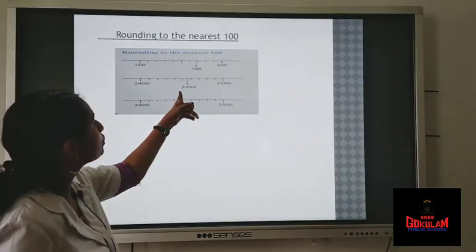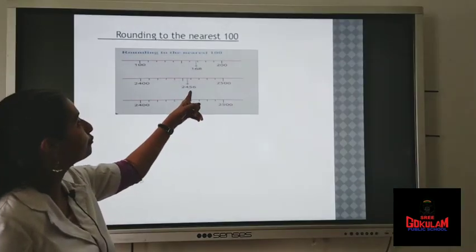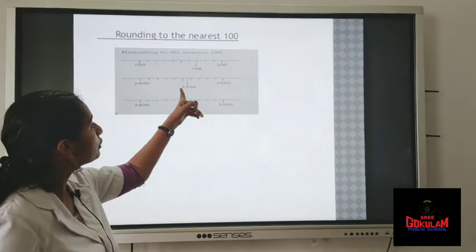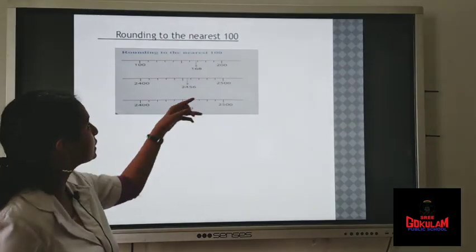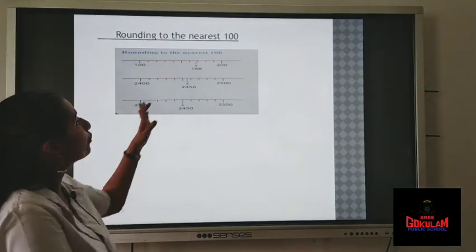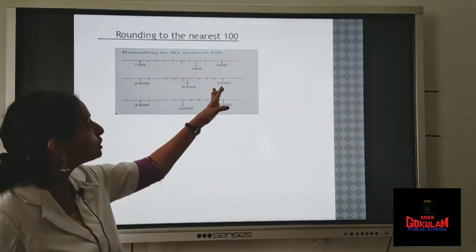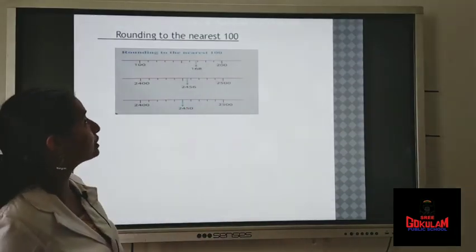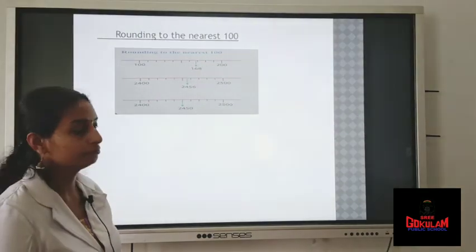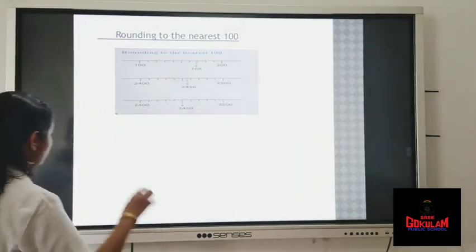And here we have 2456. We know that 2456 is in between 2400 and 2500, but it is closer to 2500.